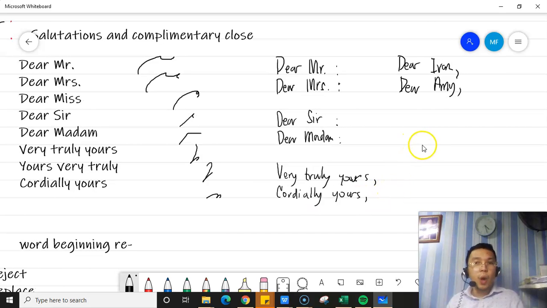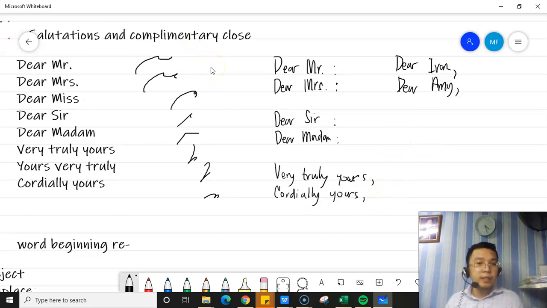As you could see in the outline, I haven't put any sign of capitalization. That is actually one of the rulings. No need to put a sign of capitalization kasi it is very frequent naman na ginagamit natin or sinusulat natin yung ganitong outline.